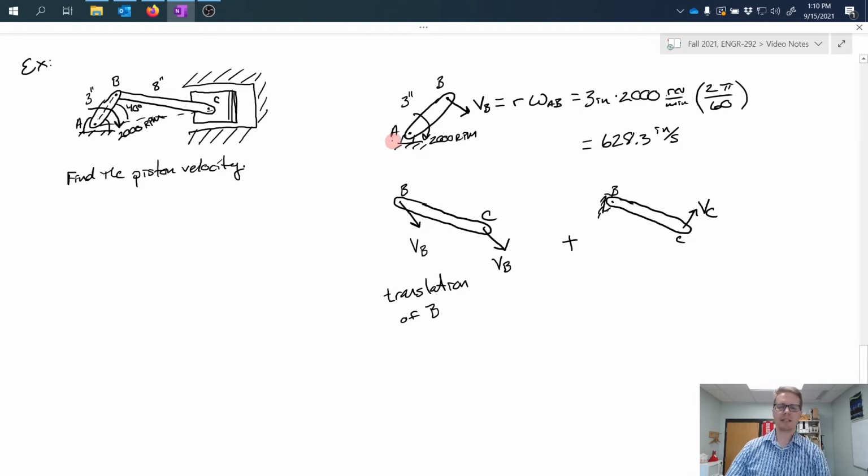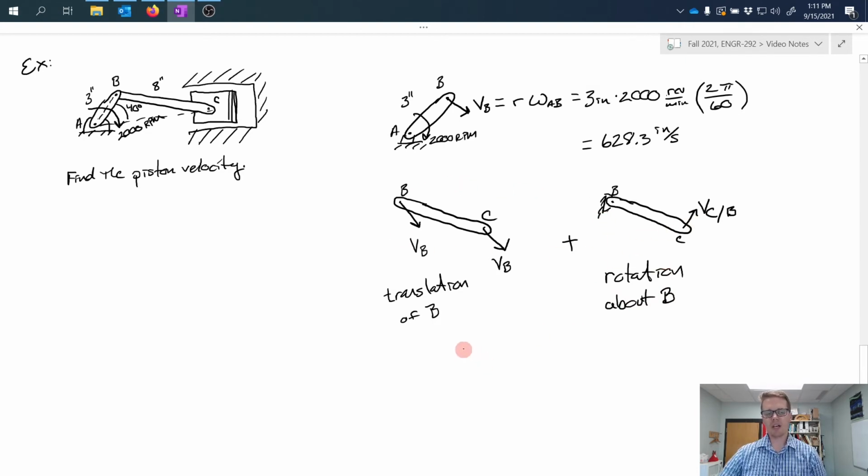As I stated up here, the velocity of B is referenced to ground. The velocity of C is referenced to point B, which itself is moving. So we're going to use something from relative motion and say that this is the velocity of C with respect to B. This is the rotation about point B. And now I've got a situation that I can look at.